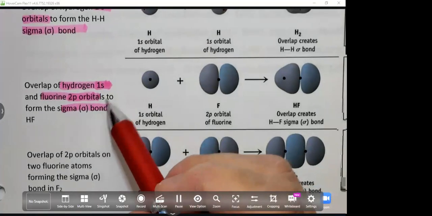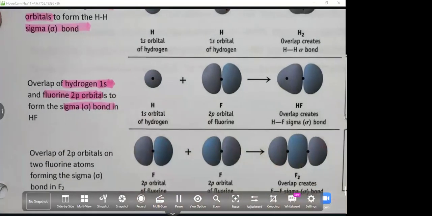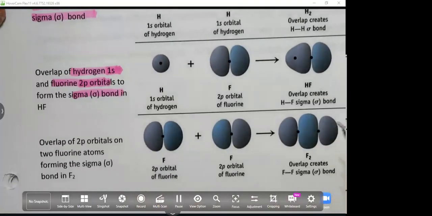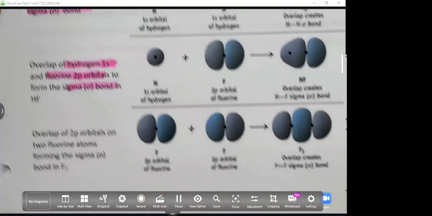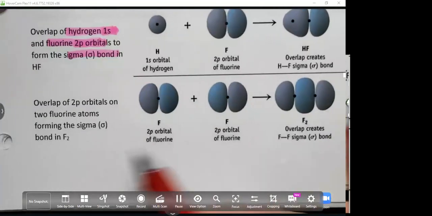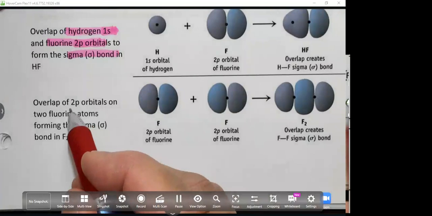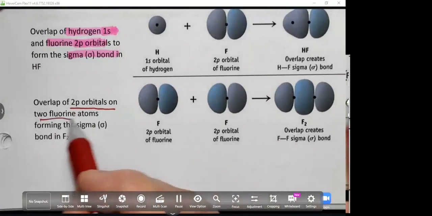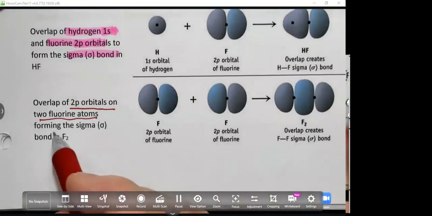So you get a sigma bond again, with opposite spinning electrons. Well, how do you get an F2 bond? It's going to be the overlap of 2p orbitals on the two fluorine atoms, forming a sigma bond.